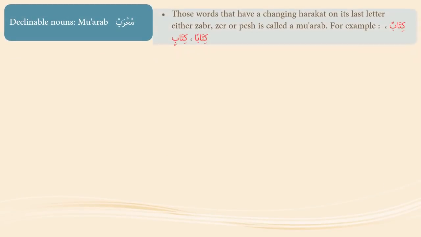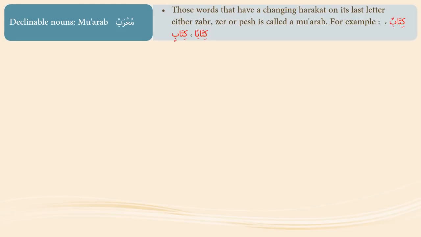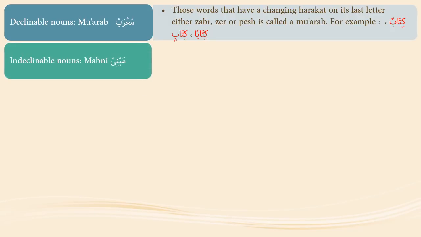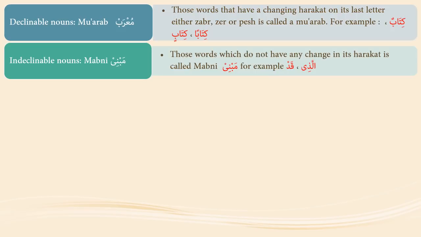Declinable nouns, mu'arab. Those words that have a changing harakat on its last letter, either zabar, zair or pesh, are called mu'arab. For example, kitaban, kitabin, kitabun. Indeclinable nouns, mabni. Those words which do not have any change in its harakat are called mabni. For example, alladhi, qad.